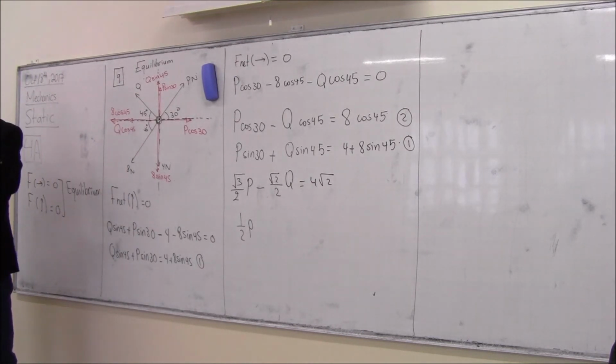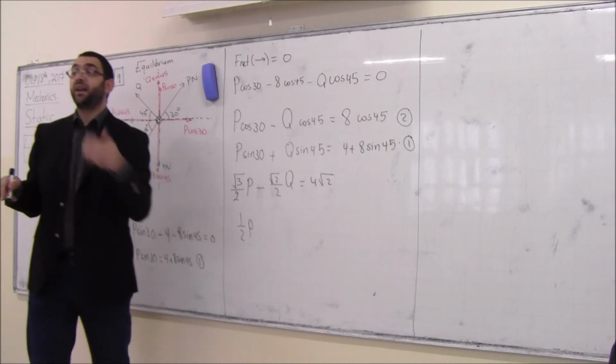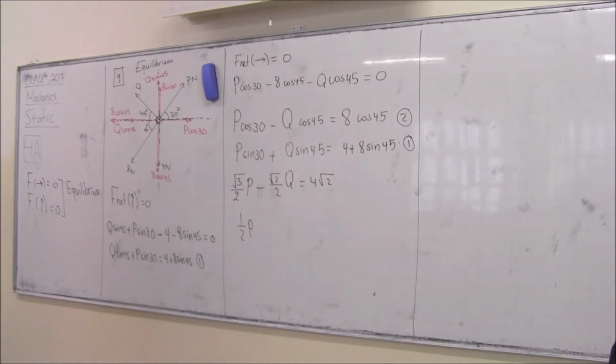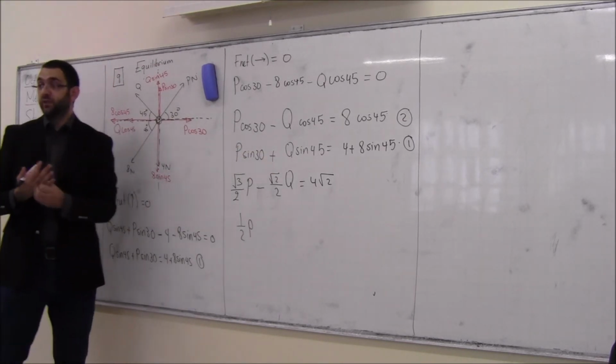If I use fractions, this will reduce the rounding. If I use decimals, I have to round the value of sine and cosine, and this will affect the final answer.